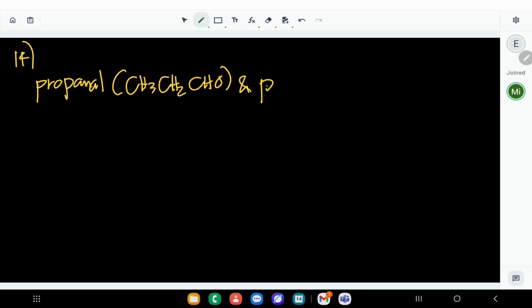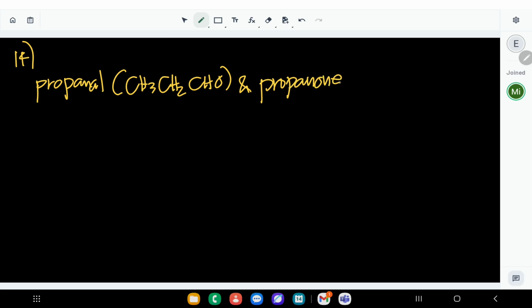Propanal, CH3CH2CHO, and propanone are isomers. Which mass-to-charge peak would not be expected in the mass spectrum of propanone? So how do we get the peak here? We have propanal, CH3CH2CHO. Then we have propanone.